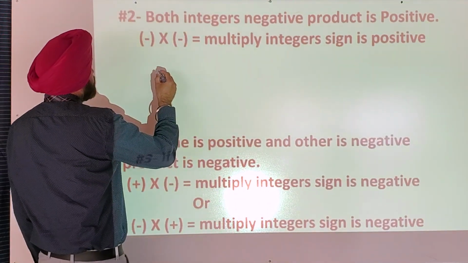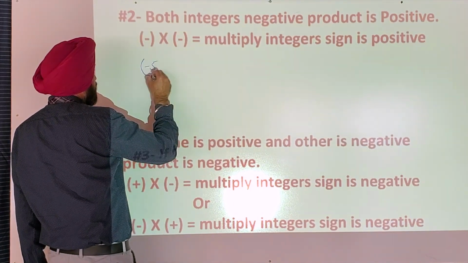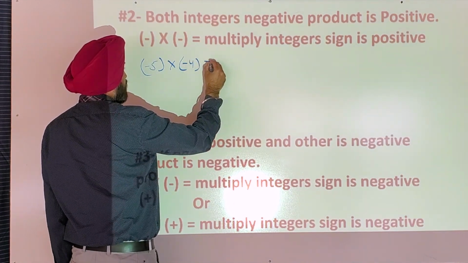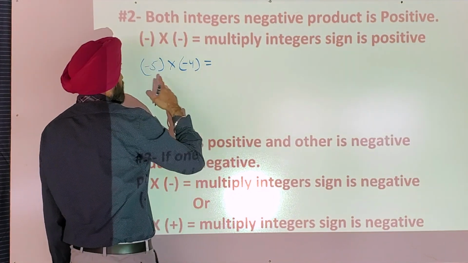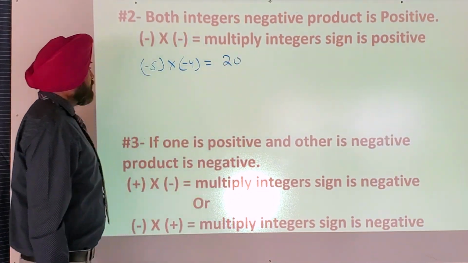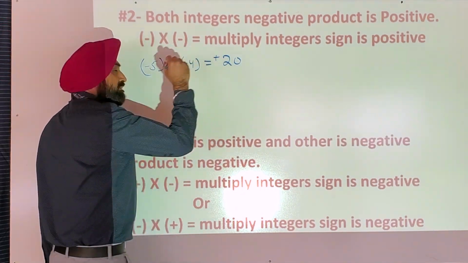For example, if I say negative 5 times negative 4. So what should we do first? Multiply integers first. 5 times 4 is 20. And if both integers are negative, the sign is positive.